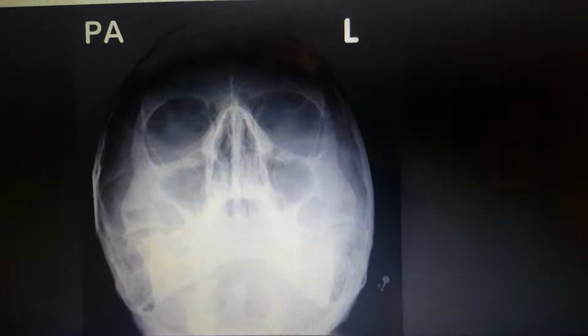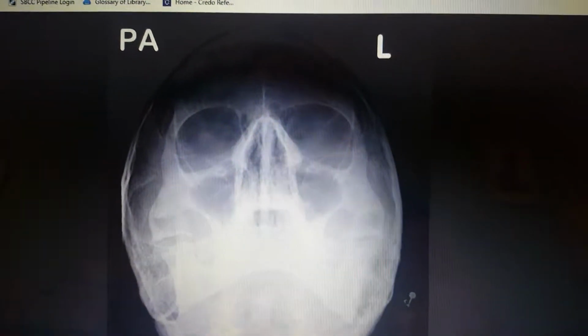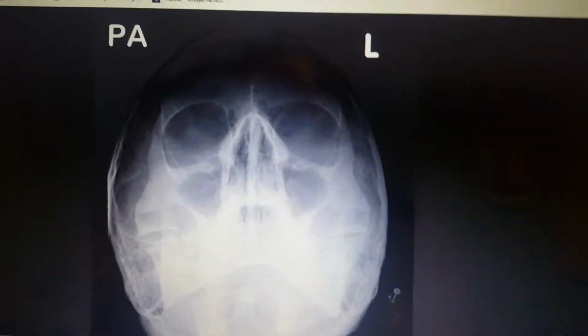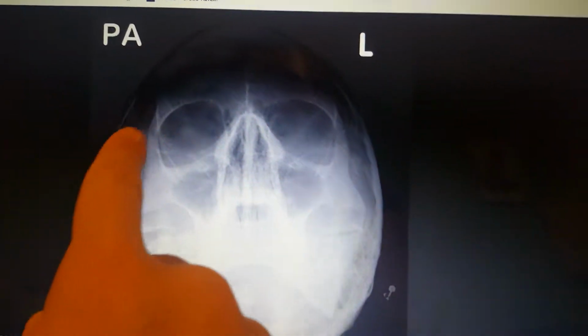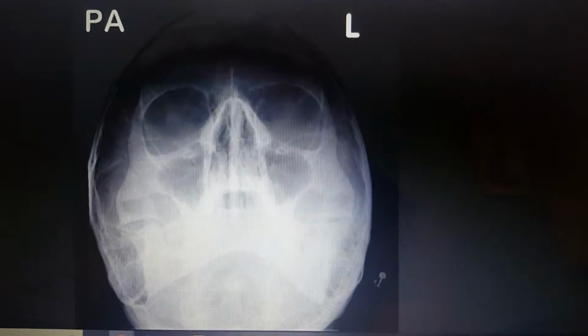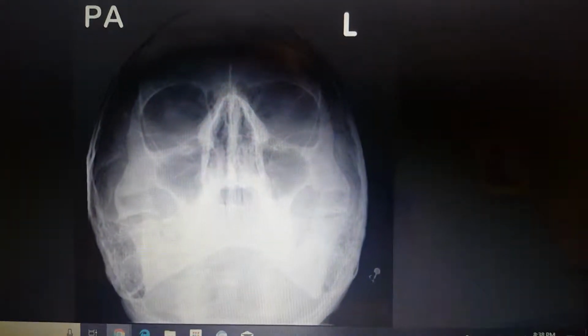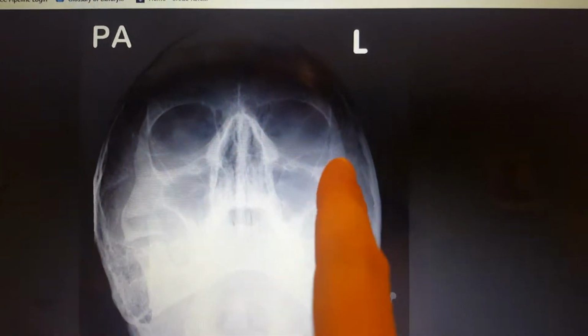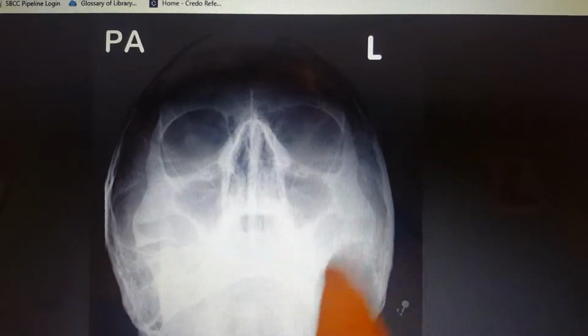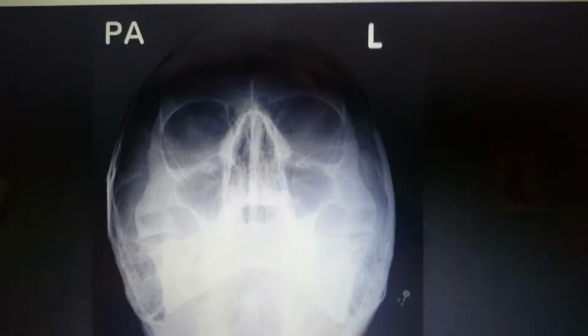You want no rotation, and you check for that by having equal distance between the lateral borders of the orbits, and by checking to see that the orbits and the maxillary sinuses are symmetrical.